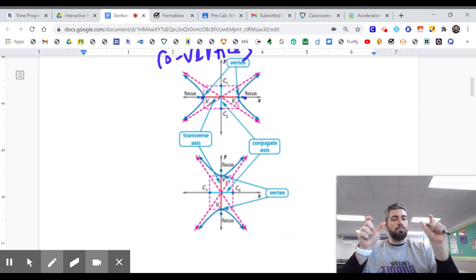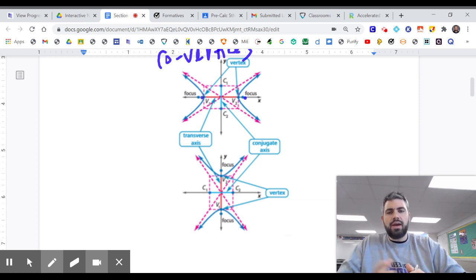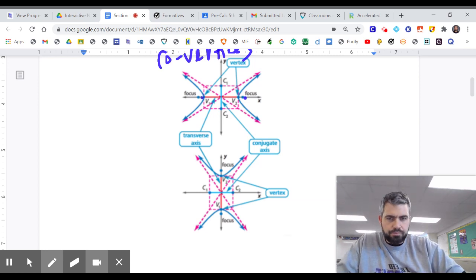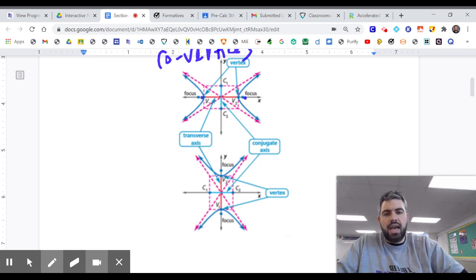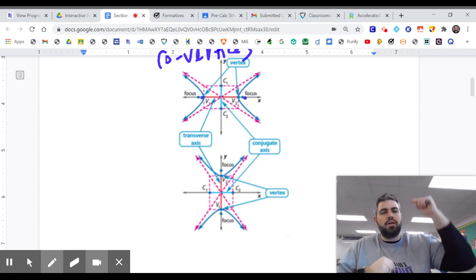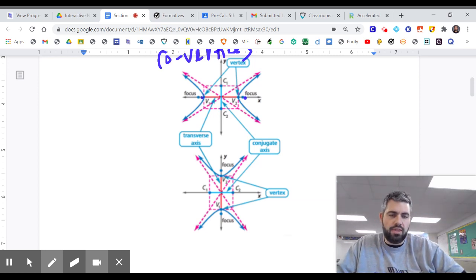Now we have them a little bit more than the endpoints. And then we also have those covertices at the end of the conjugate axis. The next one below it is an example that opens up and down, and again, the foci are farther away from the center than the endpoints.